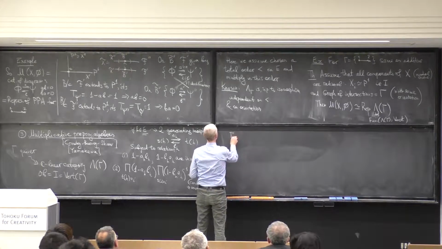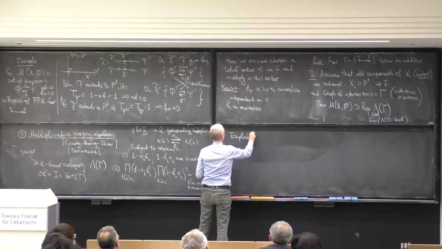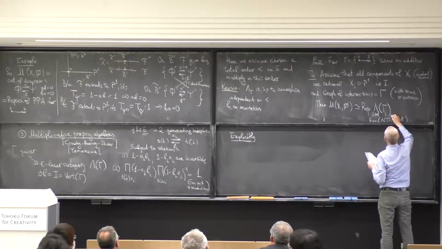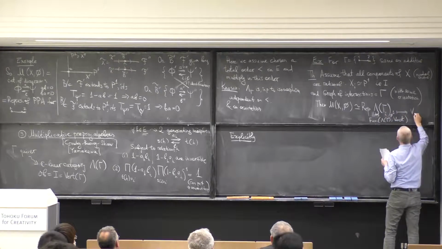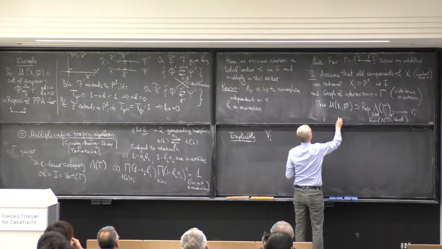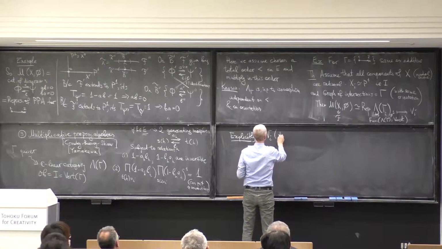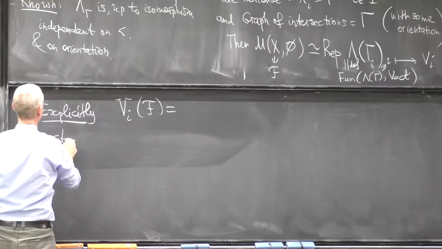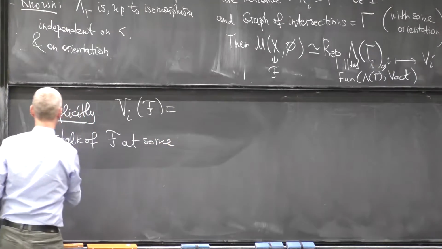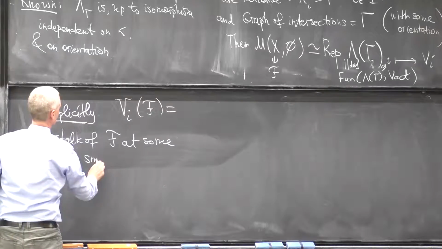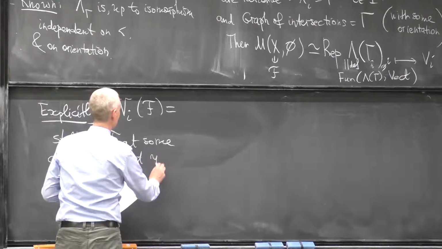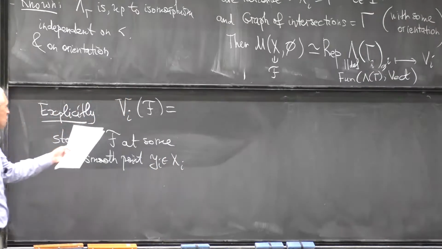So explicitly, such an assignment would take each object I to some vector space E_I. The vector space corresponding to a microlocal sheaf F is the stalk of F at some chosen point that we call yi. Take one point on each component.